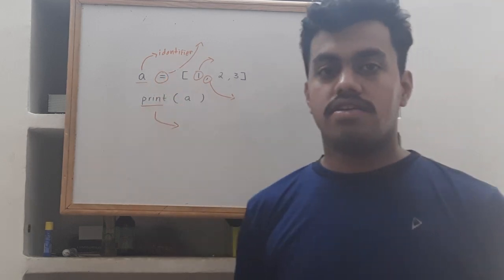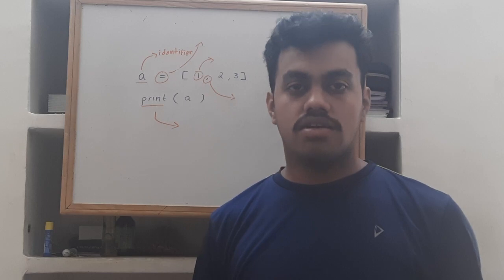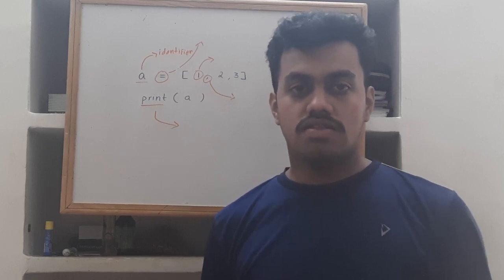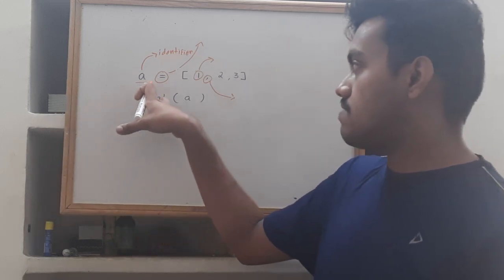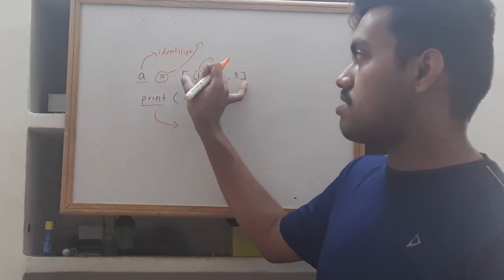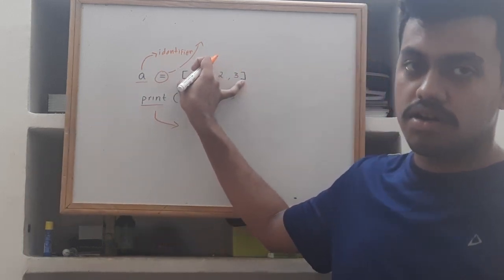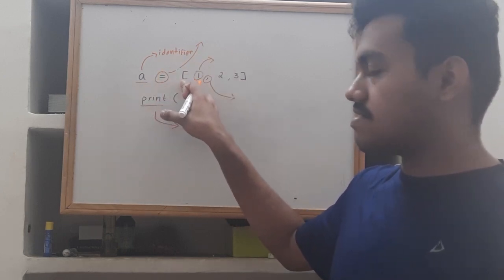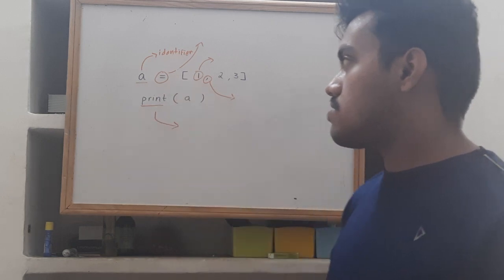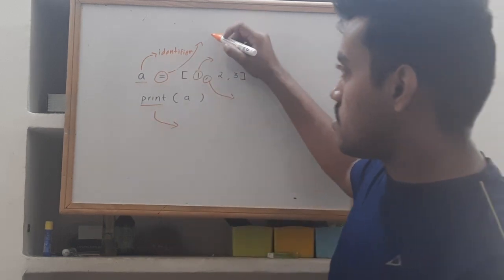Next, you've got an operator. Operators perform mathematical operations. In this case, this is showing you the relationship between this variable and this part. It's saying that this variable is the same thing as the list. So this is called an operator.